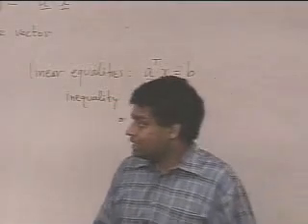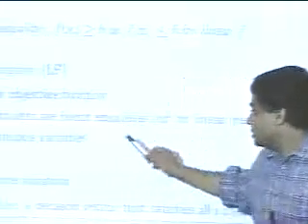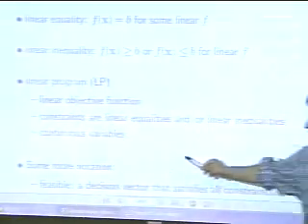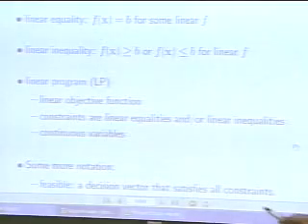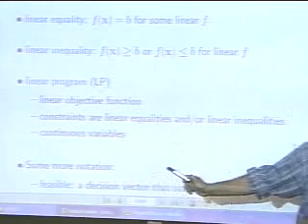We'll call an optimization problem a linear program if it has a linear objective function, the constraints are either linear equalities or linear inequalities, and it has continuous variables. All these three things have to be satisfied. If it doesn't have continuous variables, then it's not a linear program.